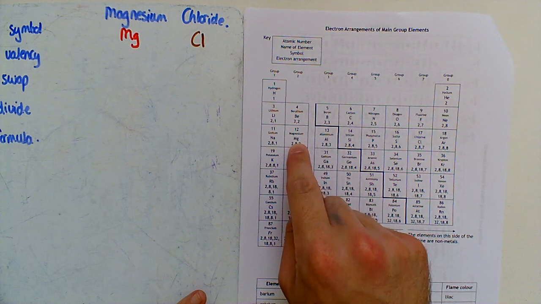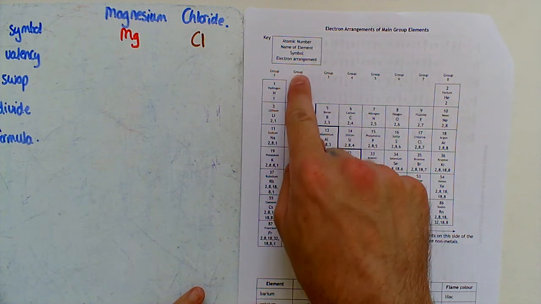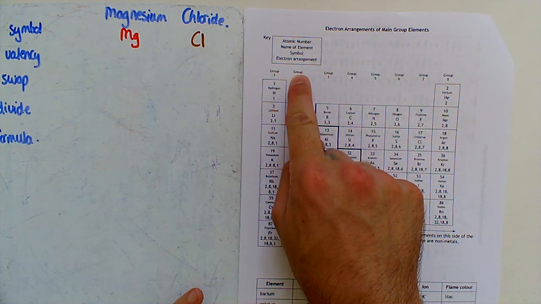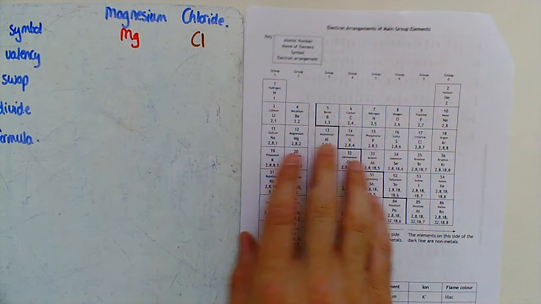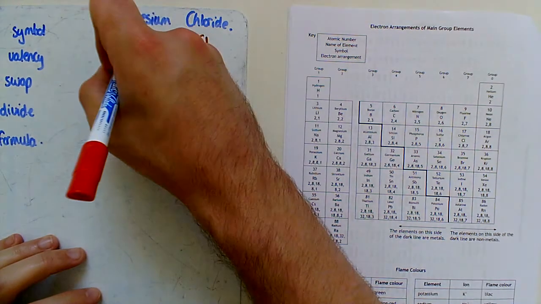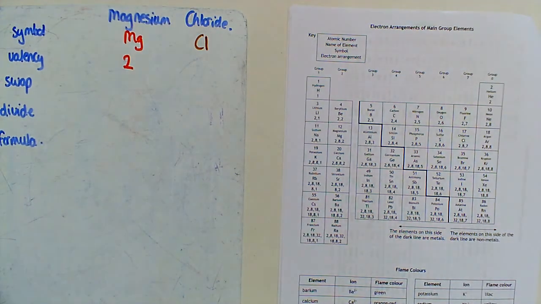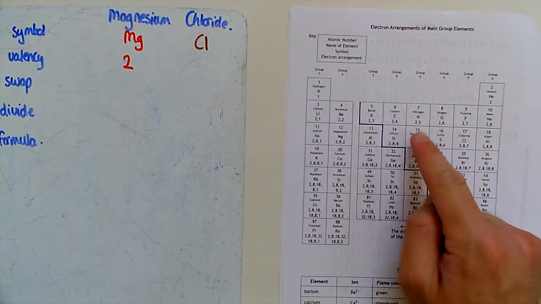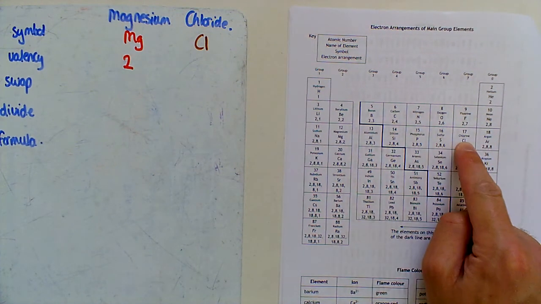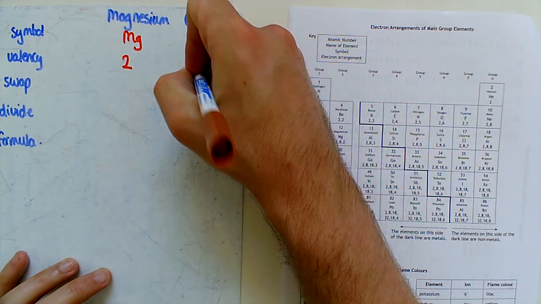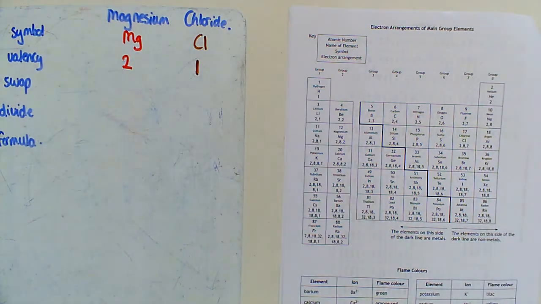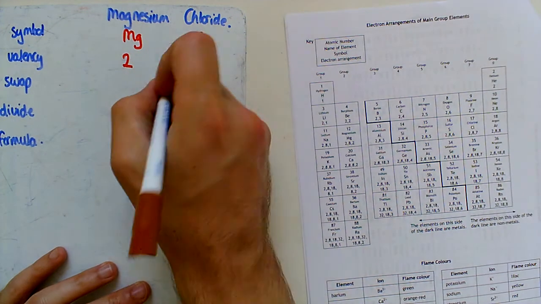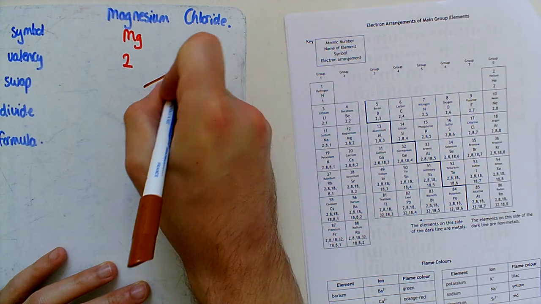Magnesium is in group 2, and we know that the valency of group 2 is 2. Chlorine is in group 7, and valency goes 1, 2, 3, 4, 3, 2, 1. So valency is 1.